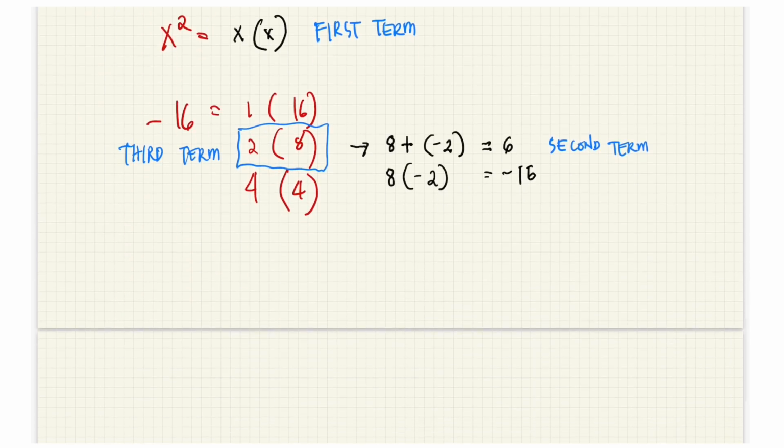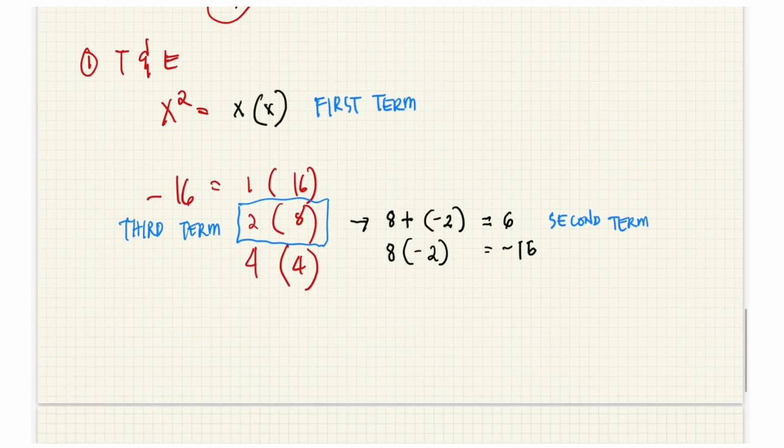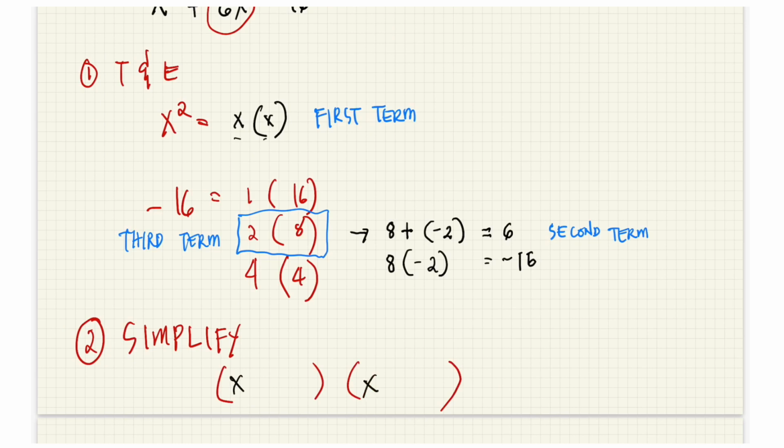So therefore, we go for the second step, which is simplify it with 2 binomials. Now we have 2 binomials. Now we go for this x and x. We're going to use this, so therefore we have negative 2 and positive 8.